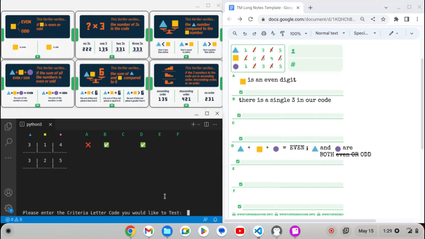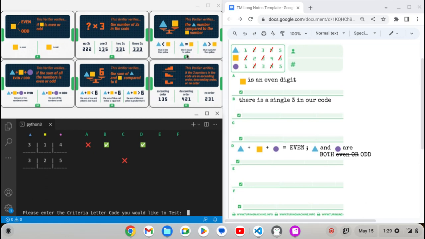Okay. All right. So let's test the sum first, which is criteria C. Okay, so that is incorrect. So criteria C, again, if I look at my proposal of 3-2-5, I'm comparing triangle and square, and the Turing machine said, no, it is not true that triangle should be greater.